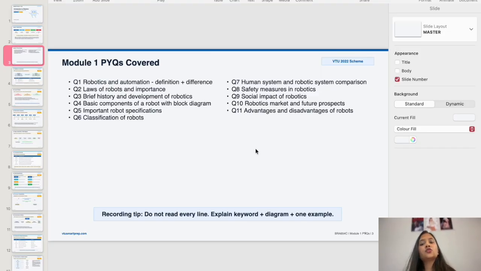While studying, don't try to memorize every sentence. Focus on the keywords, diagrams, examples, and conclusion points. Very important. Because it is not a theory subject where it is mandatory to remember, and it is impossible to remember exact sentences.